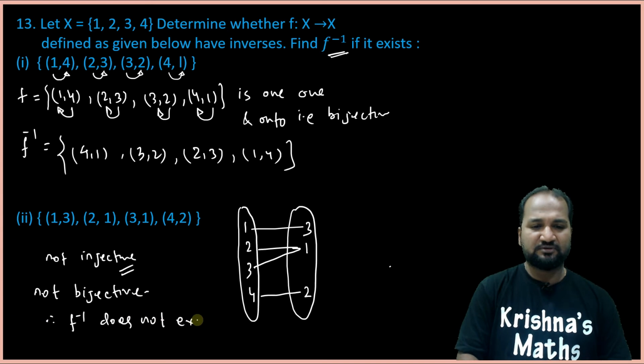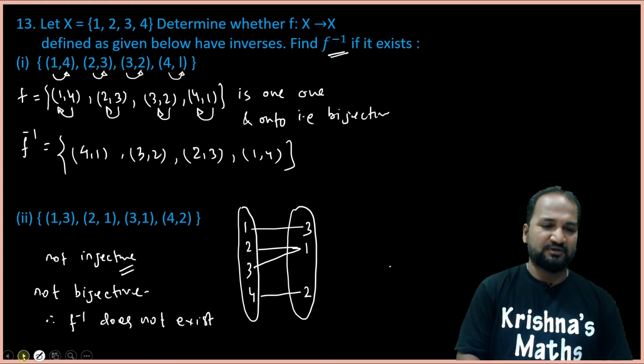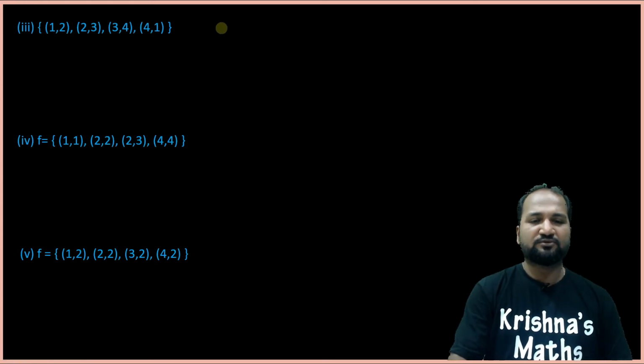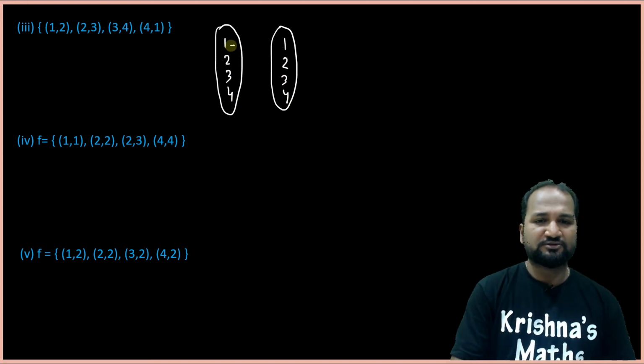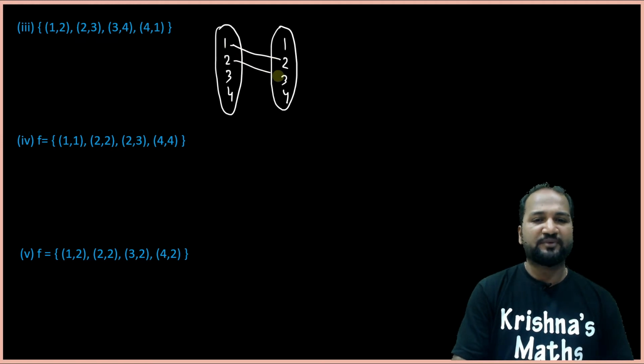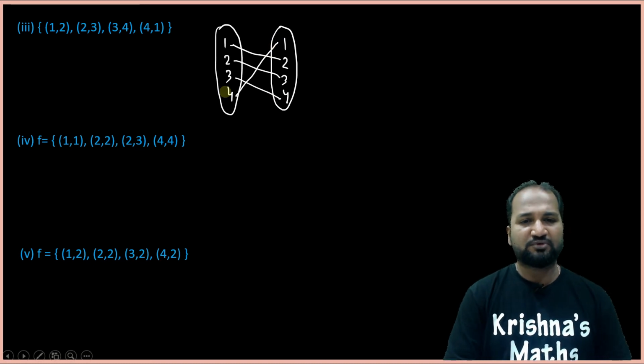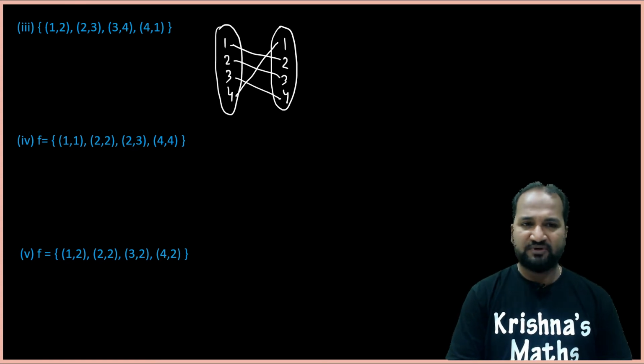f inverse does not exist. Next, the third one: make the mapping quickly, 1 2 3 4. Here also 1 2 3 4. The image of 1 is 2, image of 2 is 3, image of 3 is 4, and image of 4 is 1.